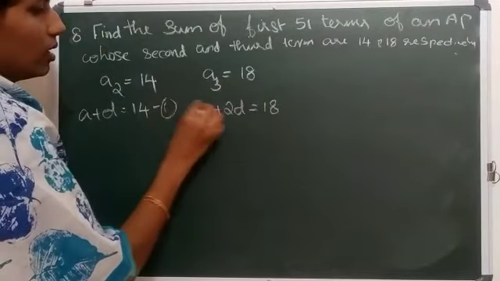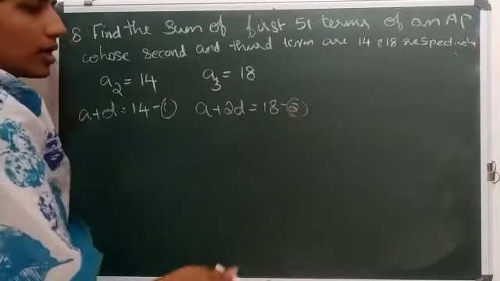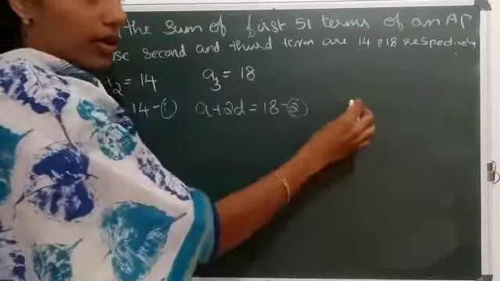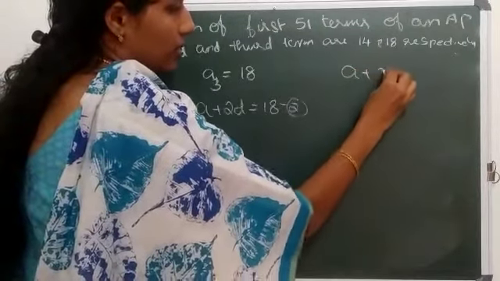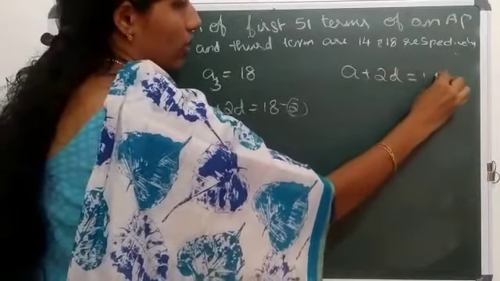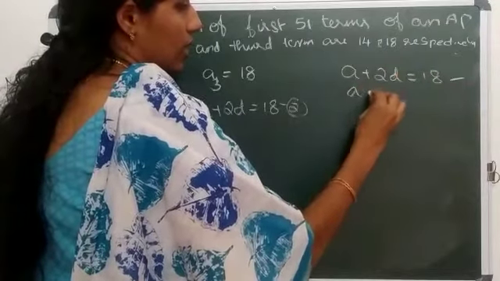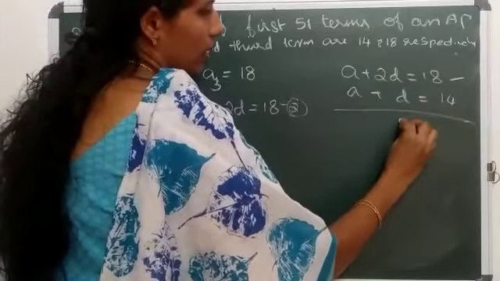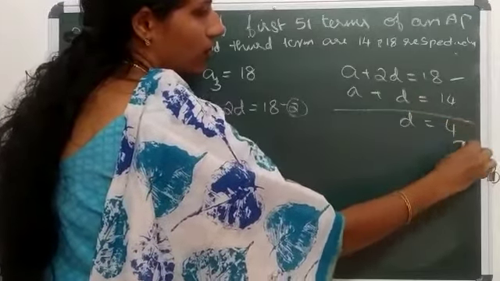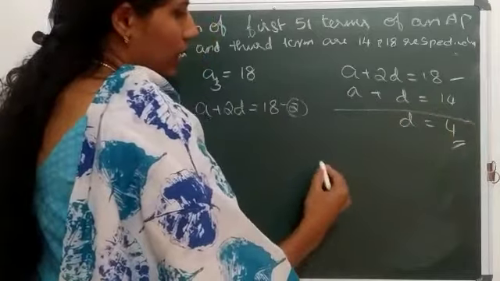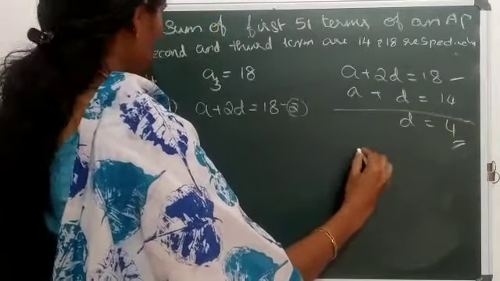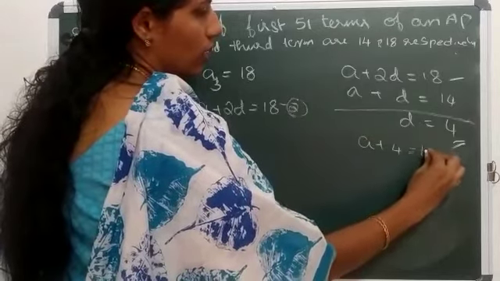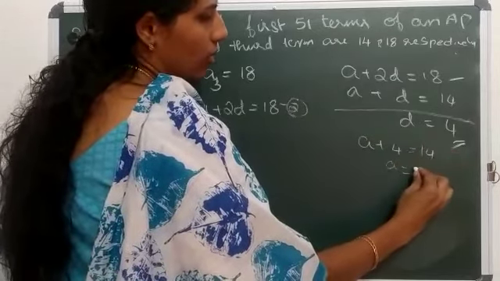This is equation 1 and equation 2. When subtracting 1 from 2 we will get d equal to 4. Substitute the value of d in any of the equations. I am going to substitute it in equation 1. We will get a plus 4 equal to 14, a equal to 14 minus 4, that is 10.